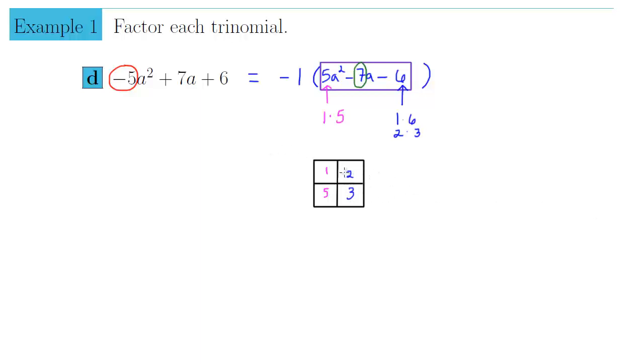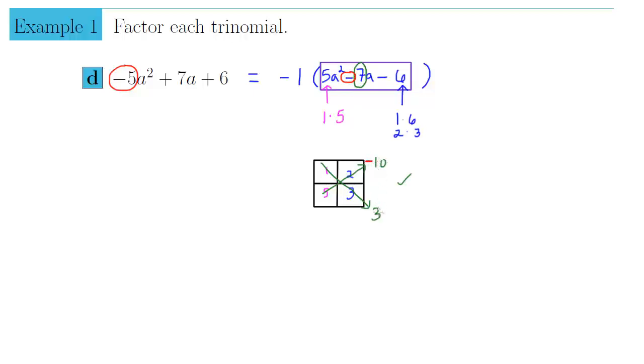Now if you look, 1 times 3 is 3, and 5 times 2 is 10. The question now is, can you combine 10 and 3 to get 7? Yeah, 10 minus 3 is 7. So this is going to check out. We just have to go back in and fix up our signs. So in order to get a negative 7 in the middle, this 10 has to be negative.